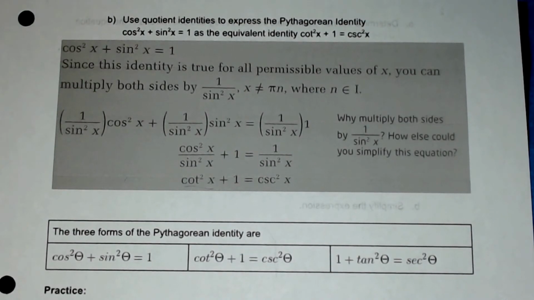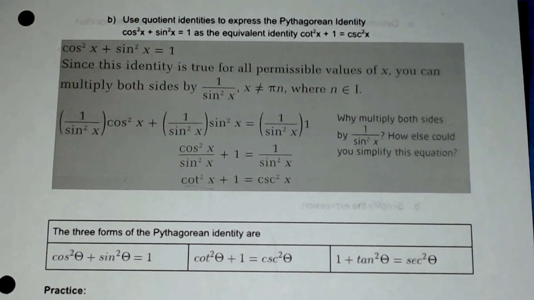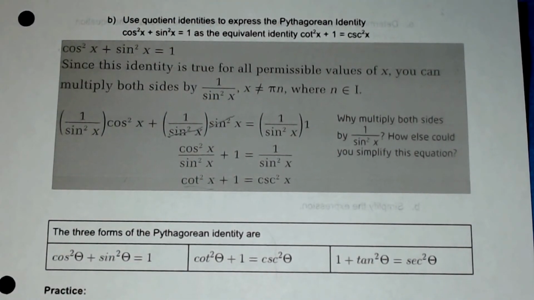Don't forget when you're moving across the equal sign, it's like a wall, and whatever you do to one side, you must do to the other. So apply your changes to all terms and really take that extra second to write this out because it will be very clear where all your canceling happens. So of course in this step, these two sine squared x's get left behind because they divide out to 1.